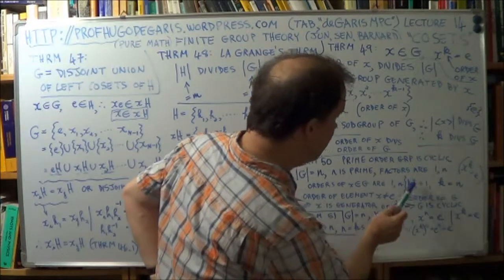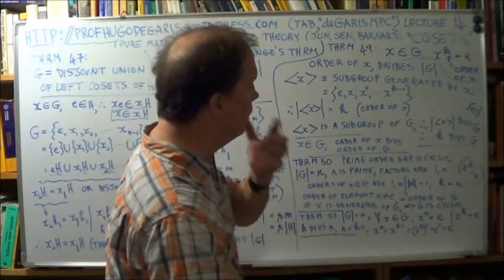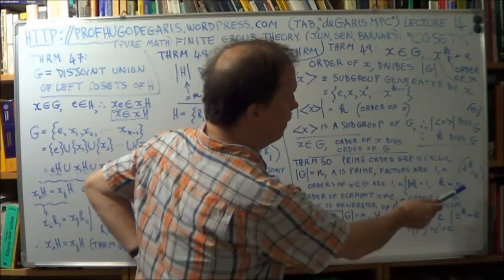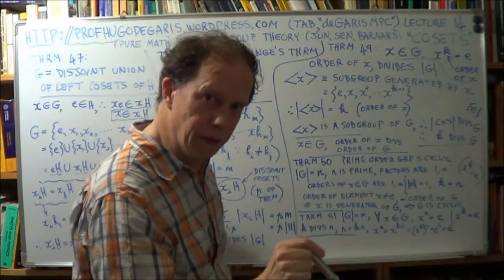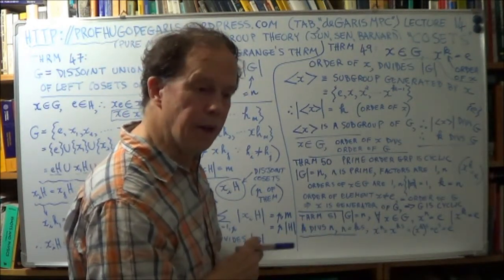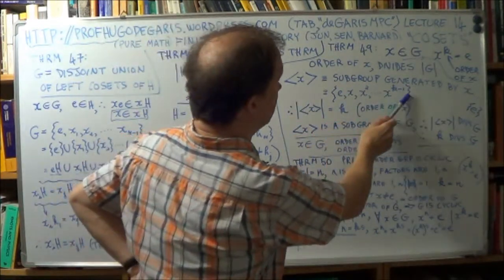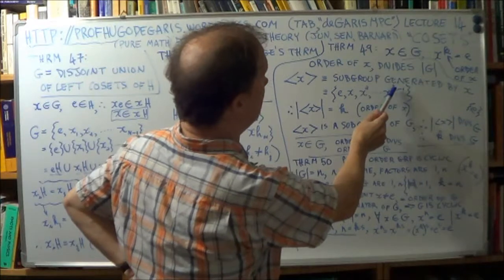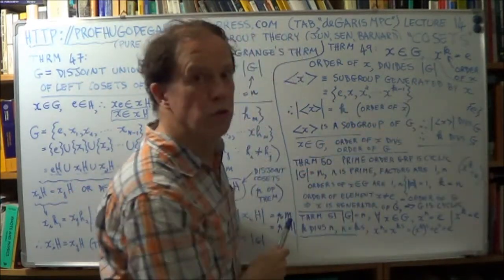That means all those other elements besides the unit have order equal to n. So each one of them is a generator of the group, because you wouldn't have k here, you'd have n, and this would be the whole group.